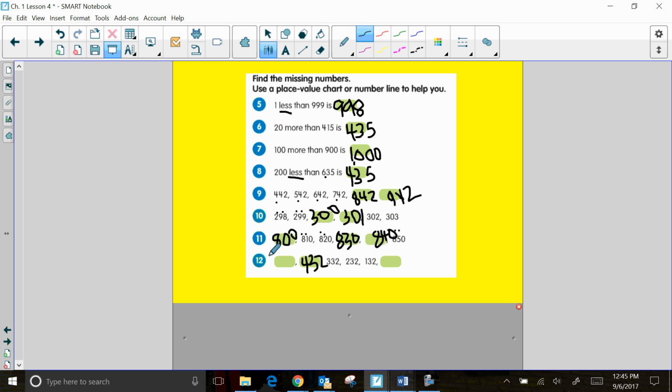And then the next 100 over here would be 532. And here's a tricky part. 132 minus 100. Well, if I take 100 away, I only have 100 here. I would be left with just 32. There'd be a 0 in my hundreds place.